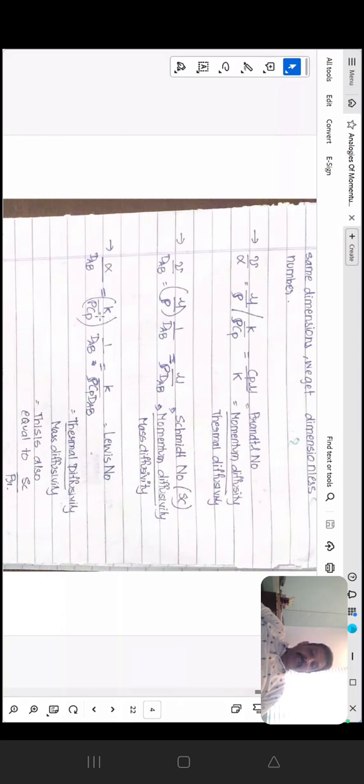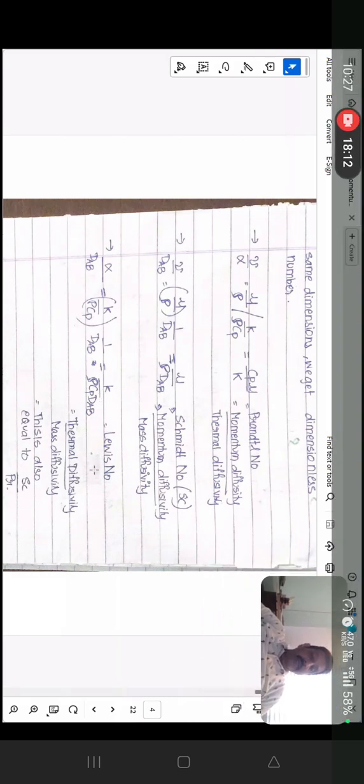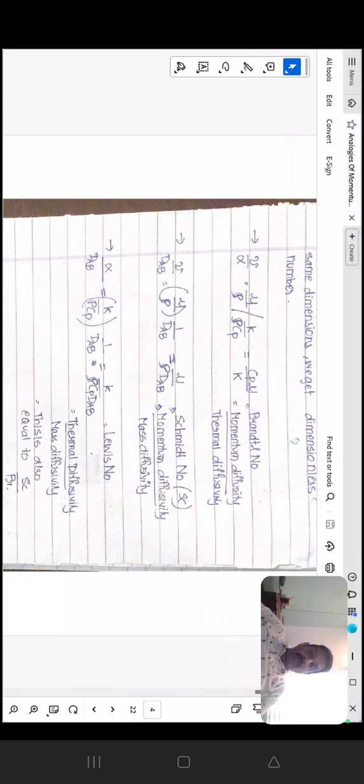I multiply and divide: alpha is nothing but K by rho Cp, by 1 by dAB. So it's nothing but K by rho Cp dAB. You get another dimensionless number called Lewis number. Lewis number is the ratio of thermal diffusivity to mass diffusivity. This is also equal to Schmidt number divided by Prandtl number. Okay.